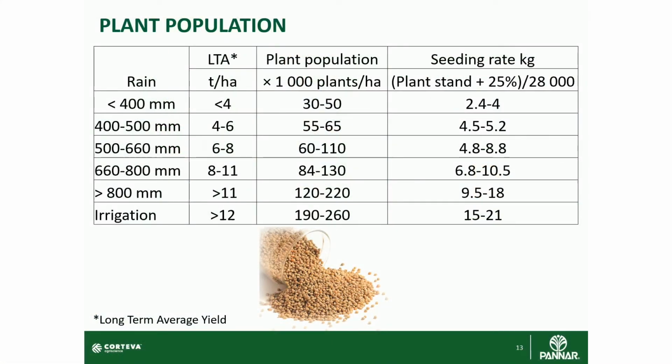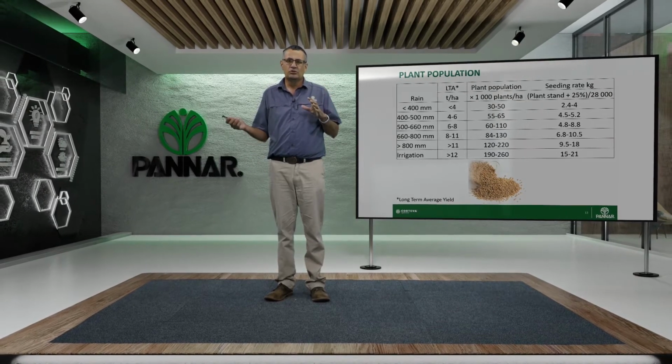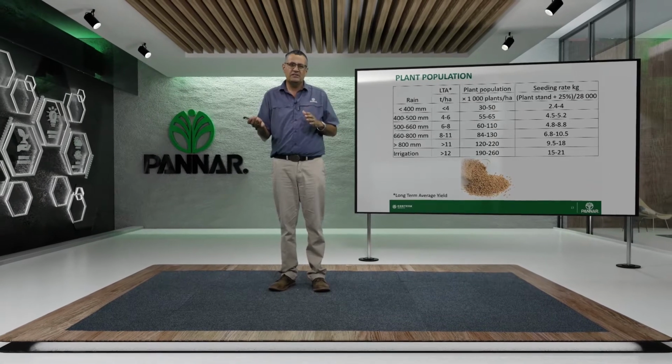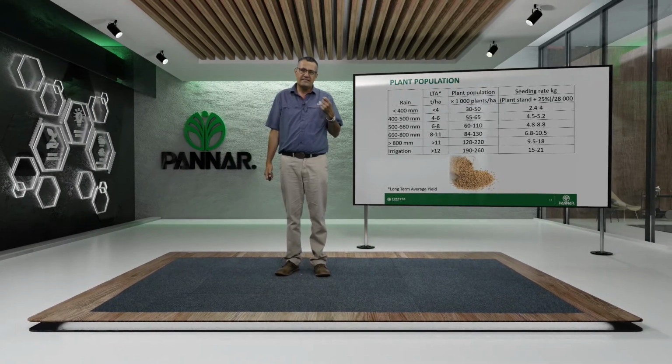In a very low yielding environment, less than 4 tons per hectare, usually in areas of less than 400 millimeters of rain, you need a low plant population. 30 to 50,000 plants per hectare is on the dot, and when you want to plant, let's say, 50,000 plants per hectare, you must add an additional 25% of seed, because sorghum seed is small, gets damaged very easily and dies off quite easily, and it's important to up your stand with 25% to make room for seed that can be damaged.